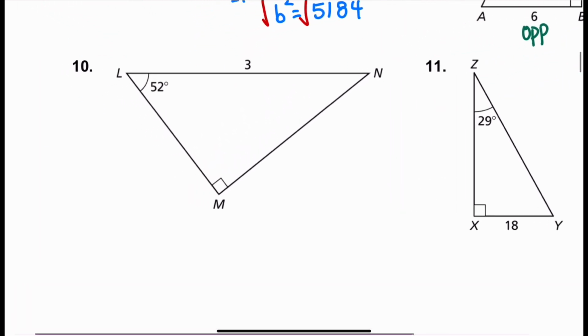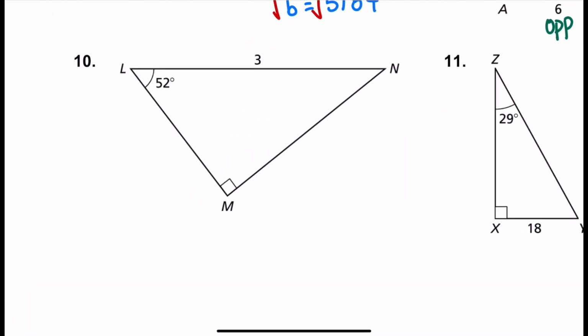Now, there's another type of solving the whole triangle. That is when they give you one angle and one side, and obviously a 90-degree angle. So to solve this triangle, I need to find angle N. I need to find LM.